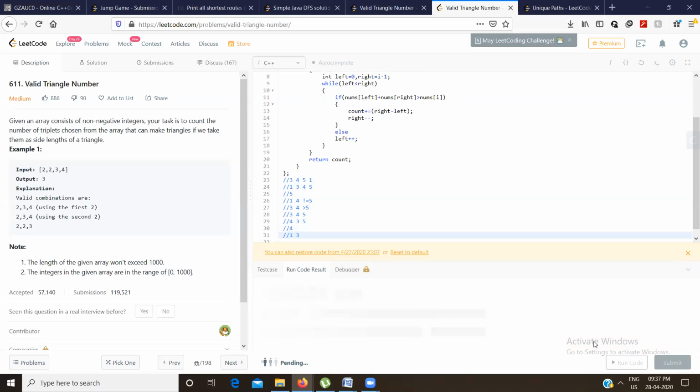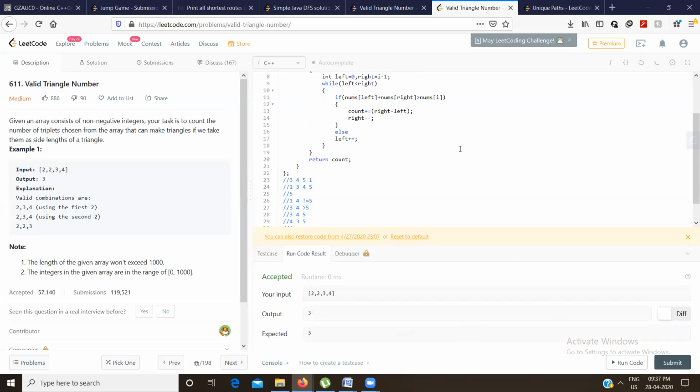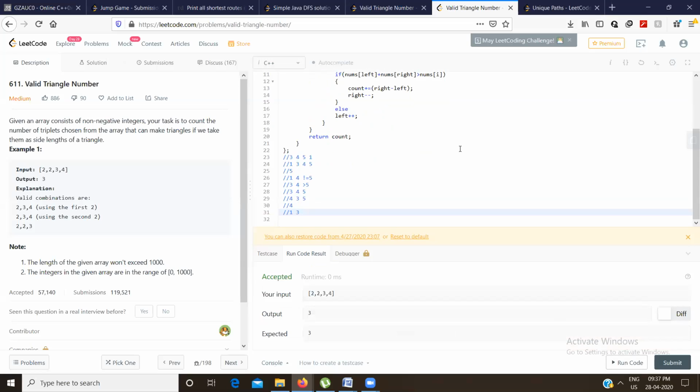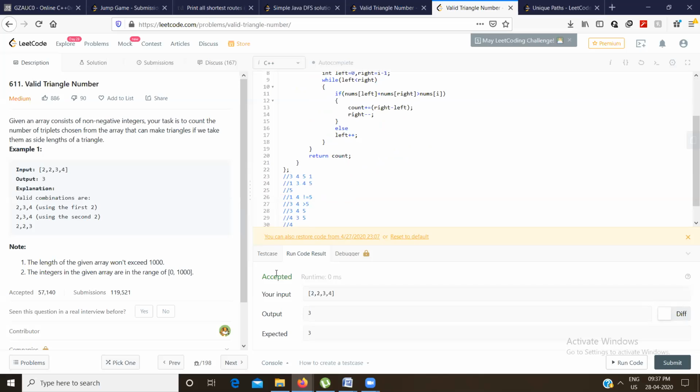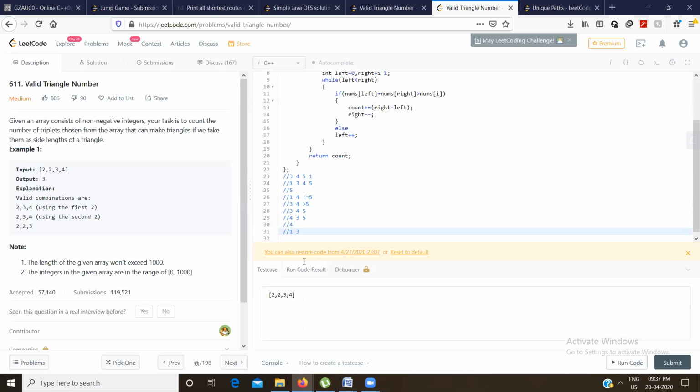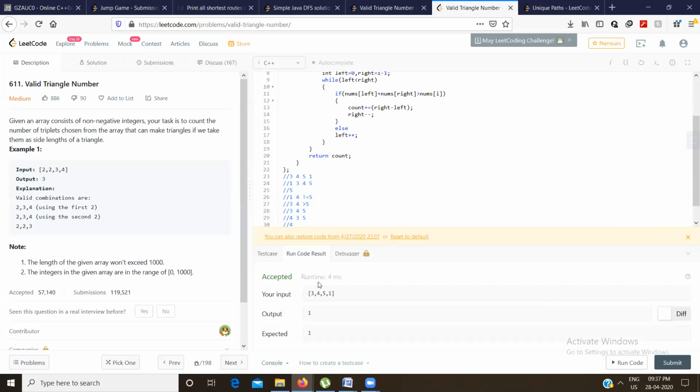I think there is one more optimization we can do in the exact code. Instead of left plus plus, we can do a binary search on that. Can you use the same test case we are discussing right now? Yes, number one.